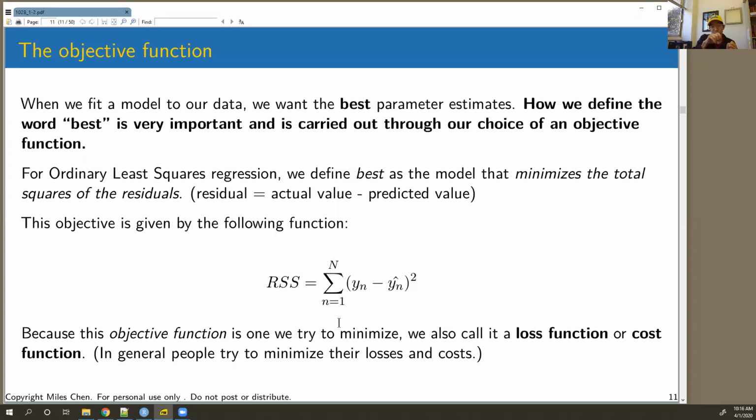So this is one we want to minimize, so we're going to call it a loss function or a cost function, because in general, you want to minimize your losses, you want to minimize your costs. So this is your RSS, this is the objective function in this case.